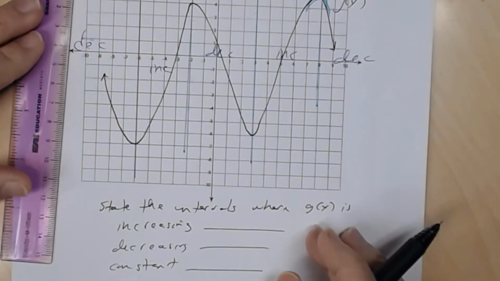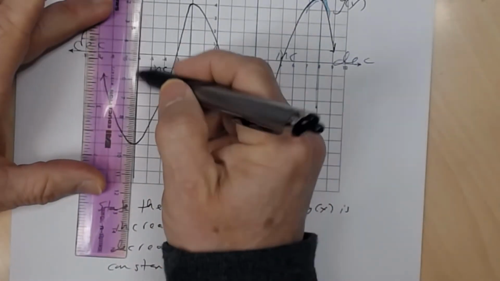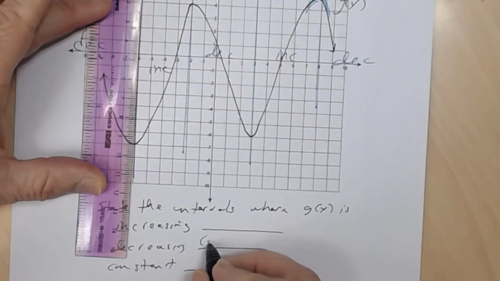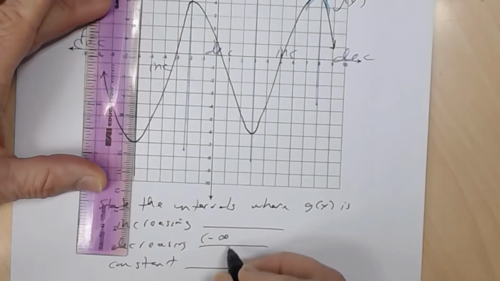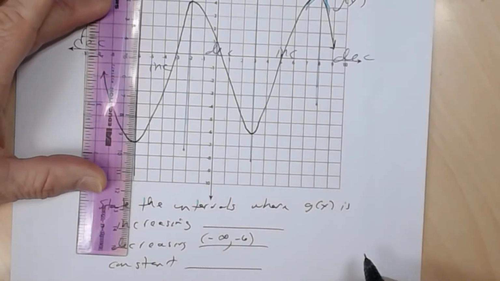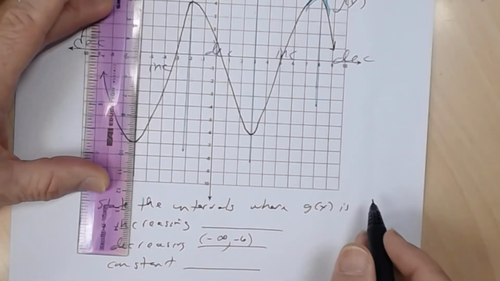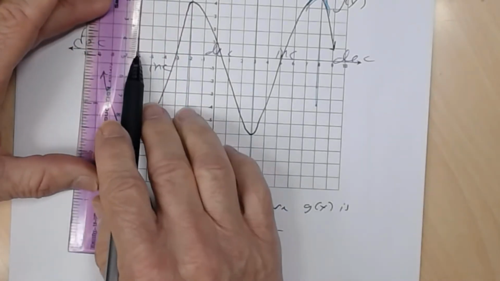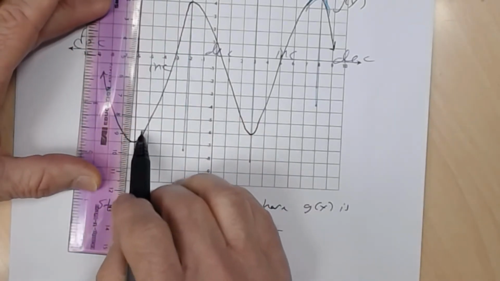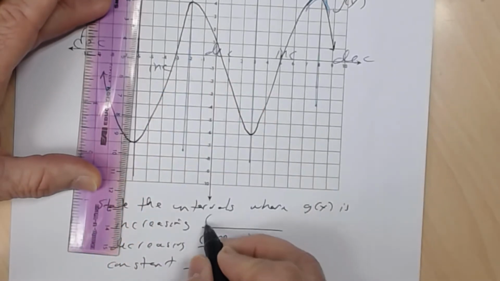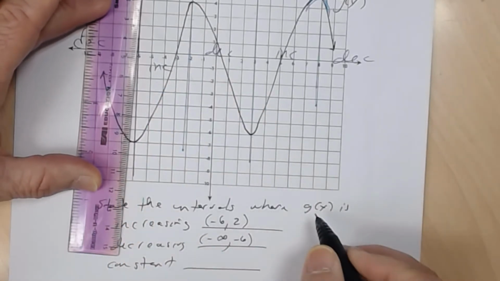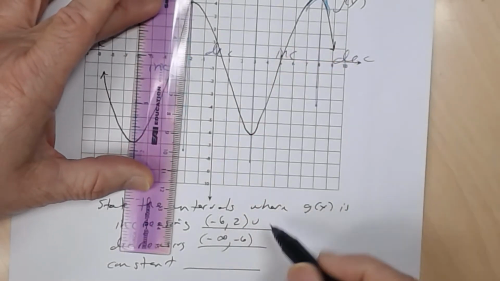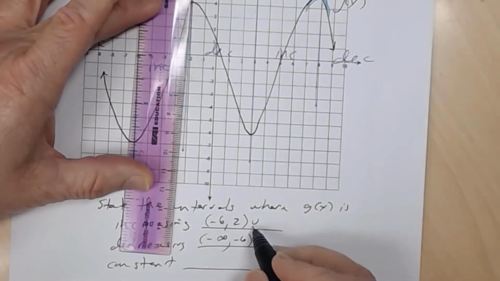So from negative infinity to -6, what are those y values doing? Decreasing. Make sure you put it in the right place though. Negative infinity to -6, your y values are decreasing. Then from -6 to -2, what are those y values doing? Increasing. -6 to -2.